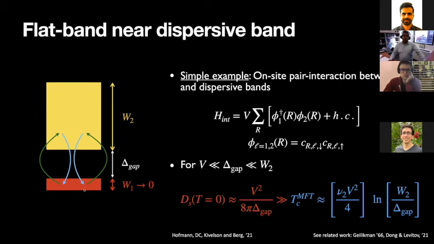The only way in which the Cooper pairs that you're forming can hop around is that these pairs of electrons undergo a sort of virtual excitation to the dispersive band. They gain the kinetic energy from this higher dispersive band, and then they come back, okay? But this is not within mean field theory, which is what we're doing here.